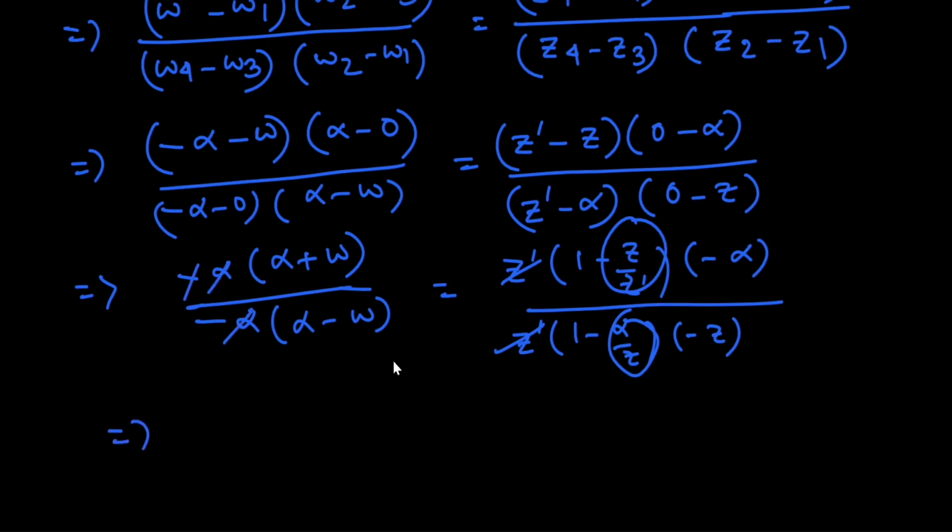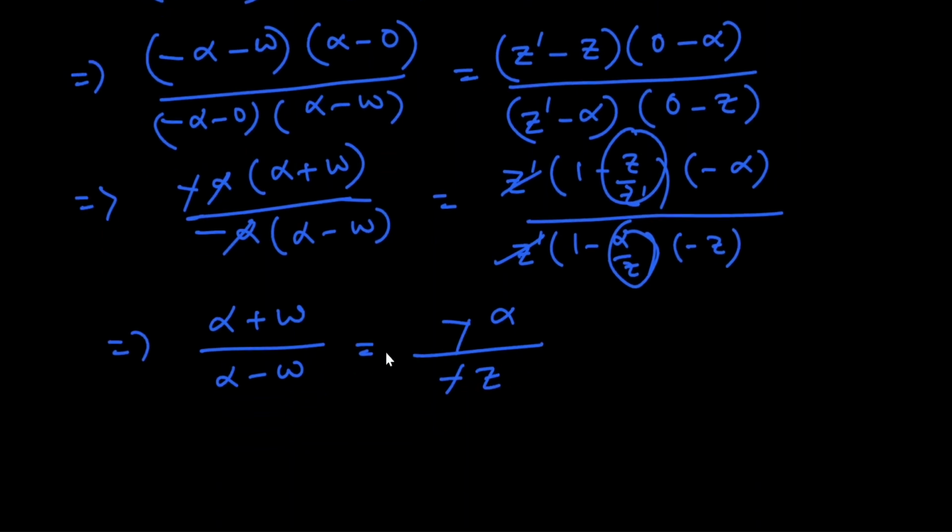This implies alpha plus W by alpha minus W is equal to, we can write simply, minus alpha by minus Z. Minus cancels.